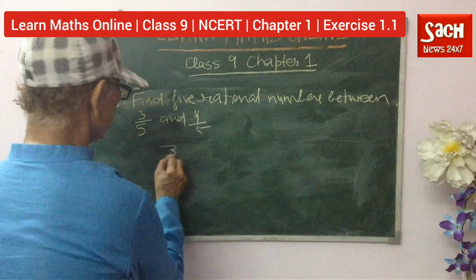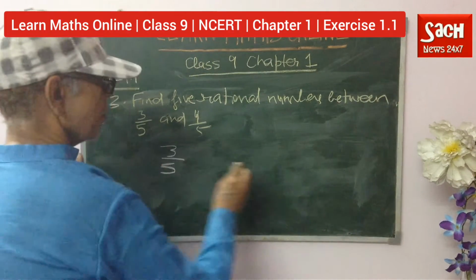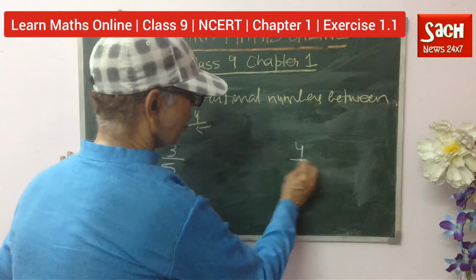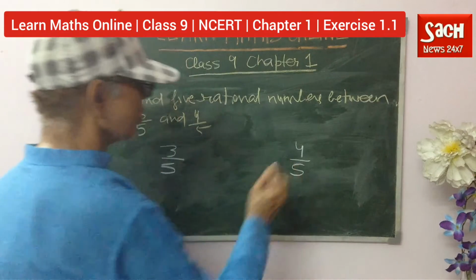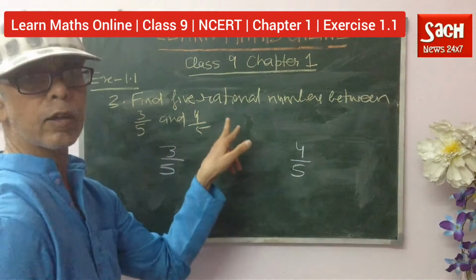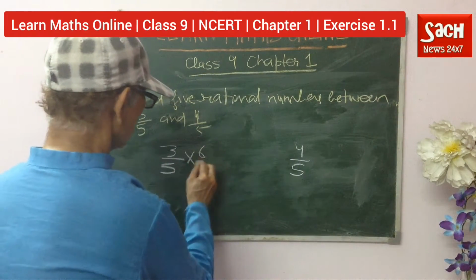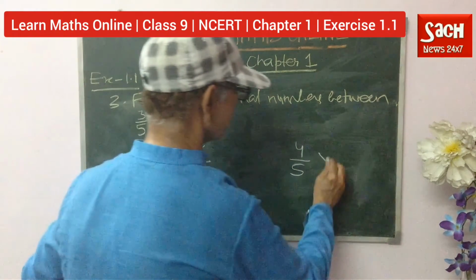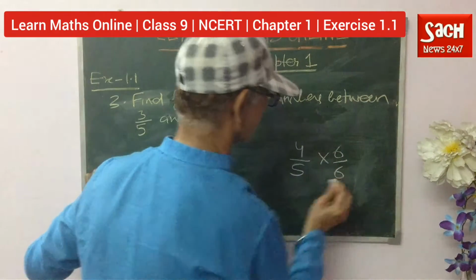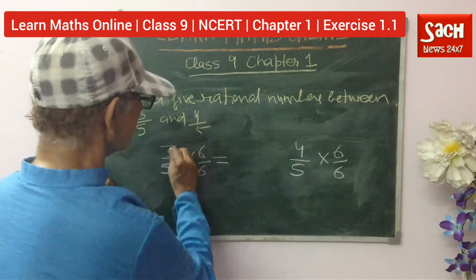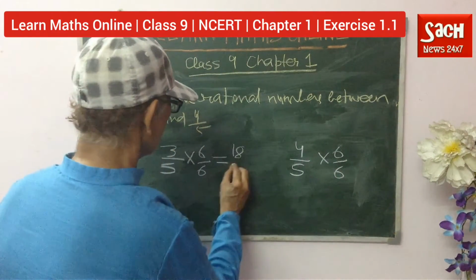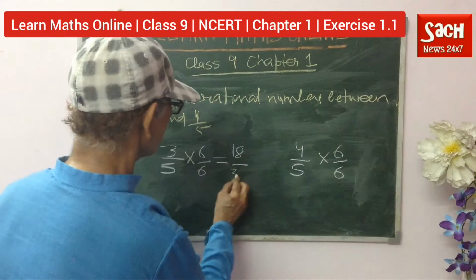Write here 3 by 5. I will tell you a very simple way to do this. How many numbers do we have to find? 5. Multiply by 6 by 6. Here again multiply by 6 by 6. What will be the answer? 3 sixes are 18, 5 sixes are 30.